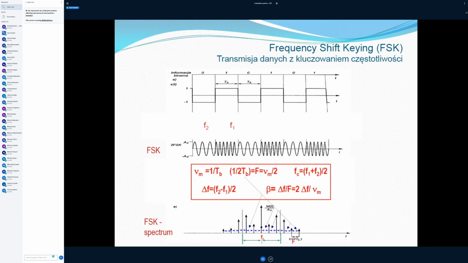So 2/3 would be of one frequency and 1/3 of the other. That's why the carrier would be moved to the frequency that is more represented in the signal.